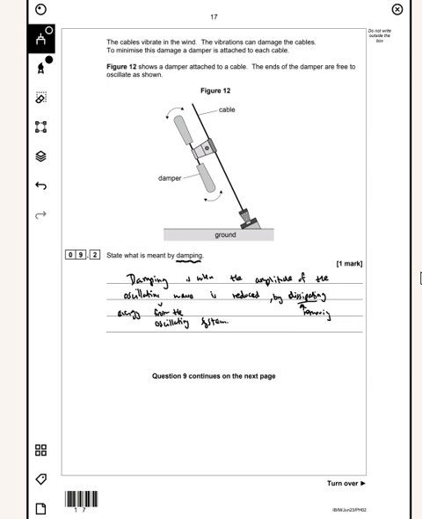Dissipating means removing. Damping happens when the amplitude of the oscillating wave is reduced or decreased. That's the main thing. Amplitude is the main keyword here.